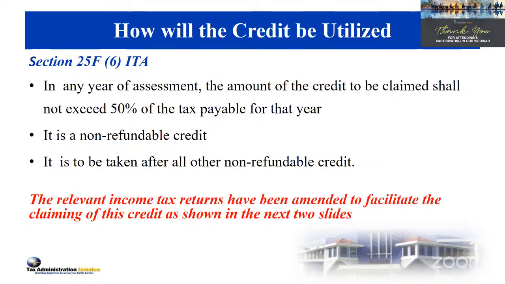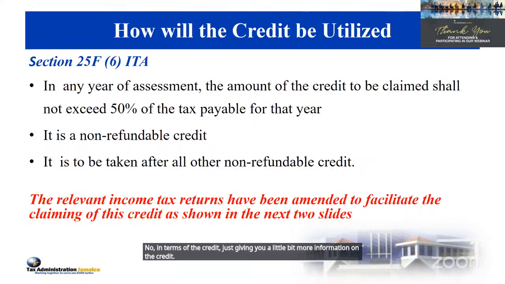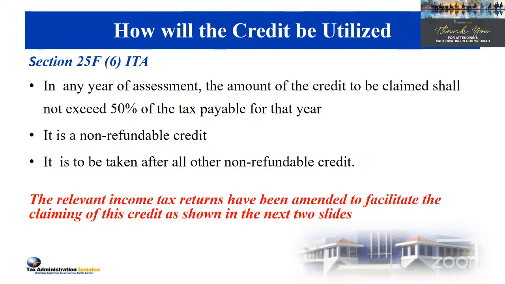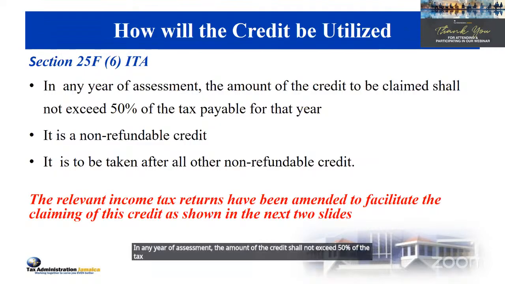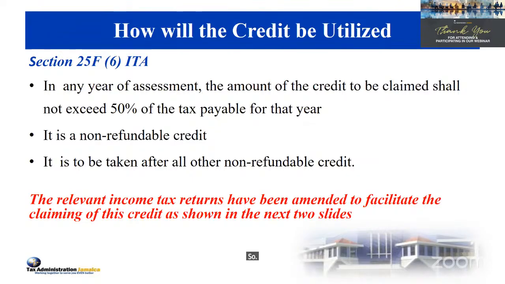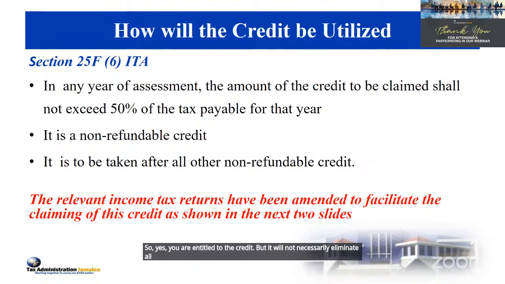Now, in terms of the credit, just giving you a little bit more information on the credit. In any year of assessment, the amount of the credit shall not exceed 50% of the tax payable in that year. So, yes, you are entitled to the credit, but it will not necessarily eliminate all of your tax payable in any year of assessment.